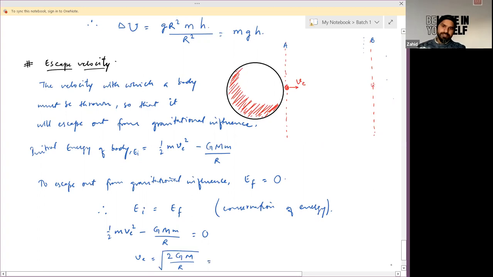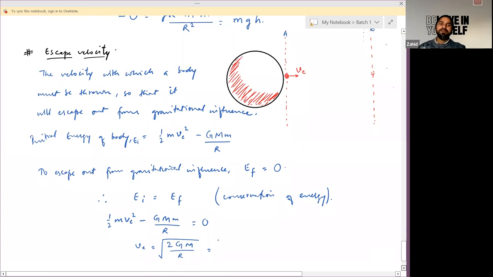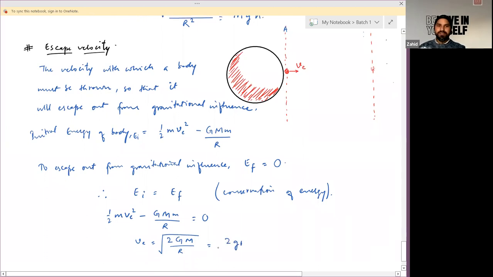You may convert this expression in terms of gravity as well. So it will be root under 2 times gravity into radius. You may convert this expression in terms of density as well. So it will be root under 8 pi rho G times r square by 3. And now if you put all the values related to this part, you will get 11.2 kilometer per second. So this is the final expression of escape velocity of a body on the surface of Earth. Is it clear?